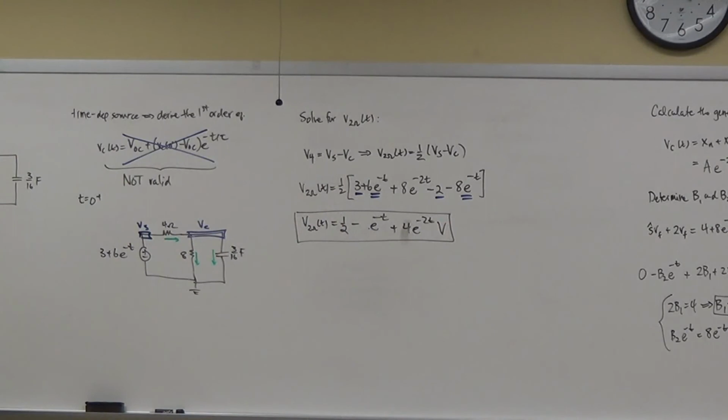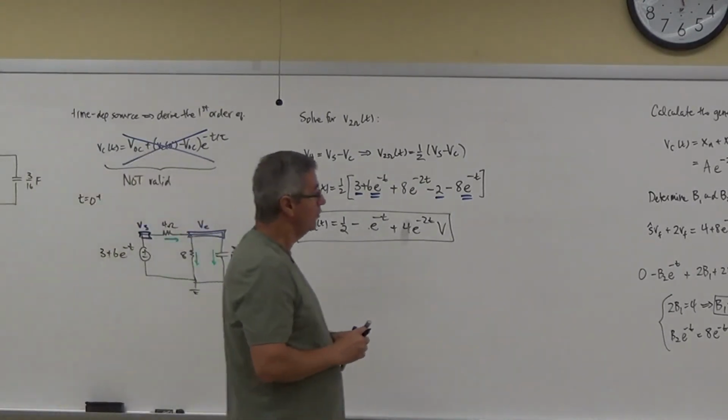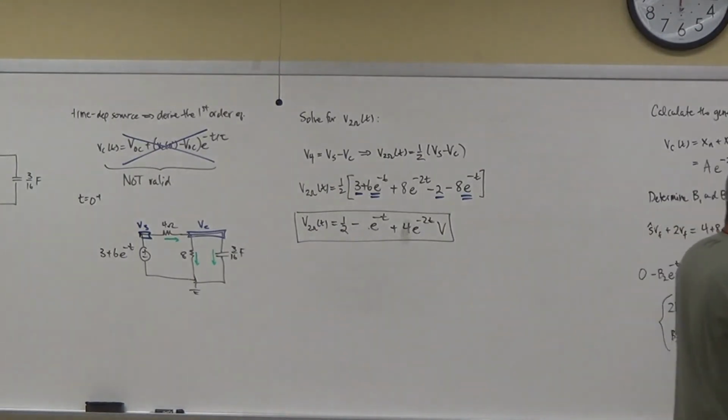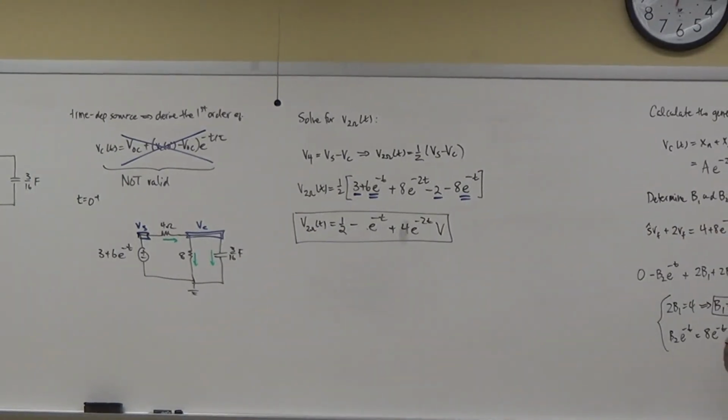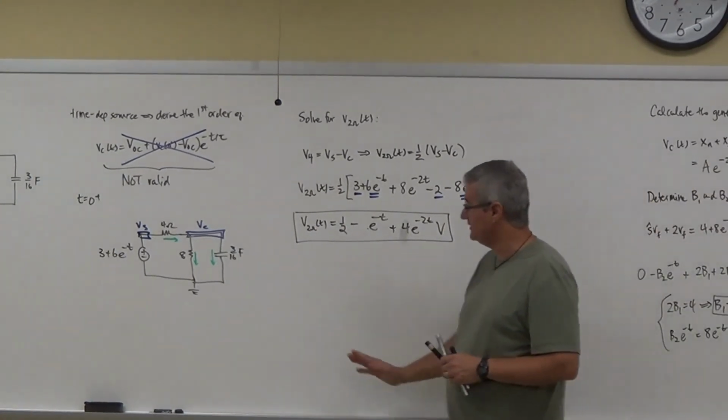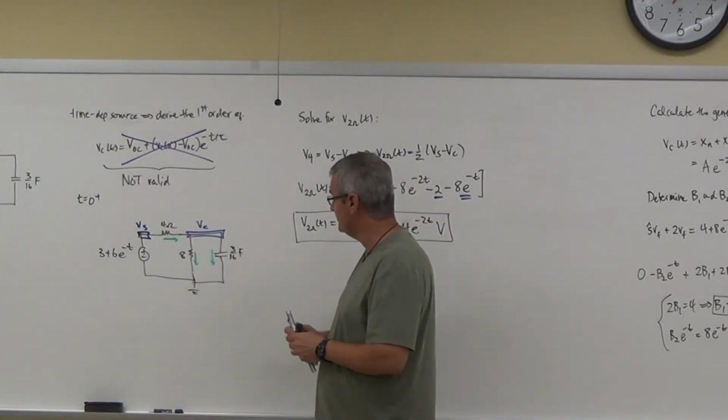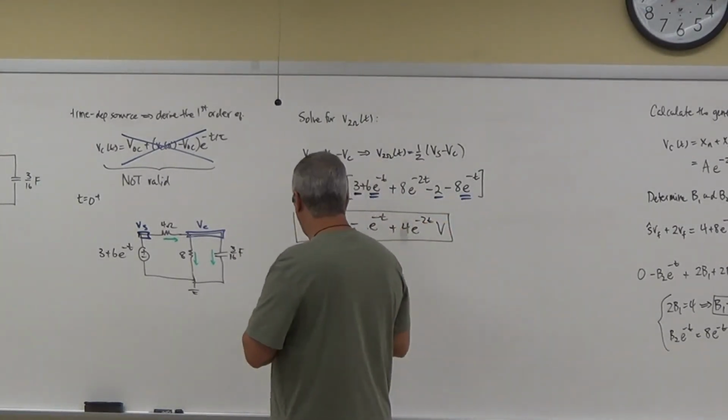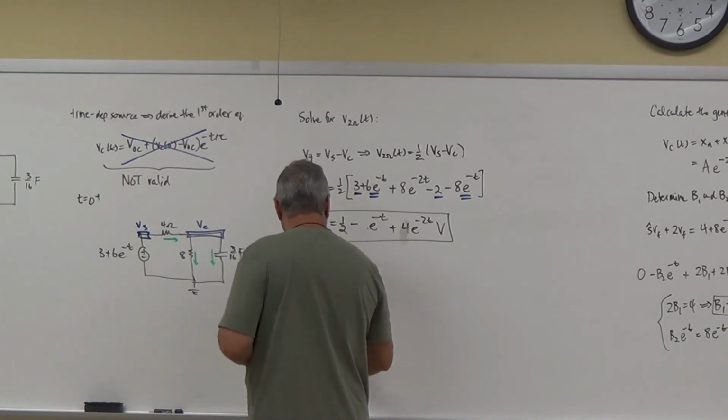So now, does that make sense? What did we say? Vc at t infinity, we would expect this guy. So let's plot this guy.